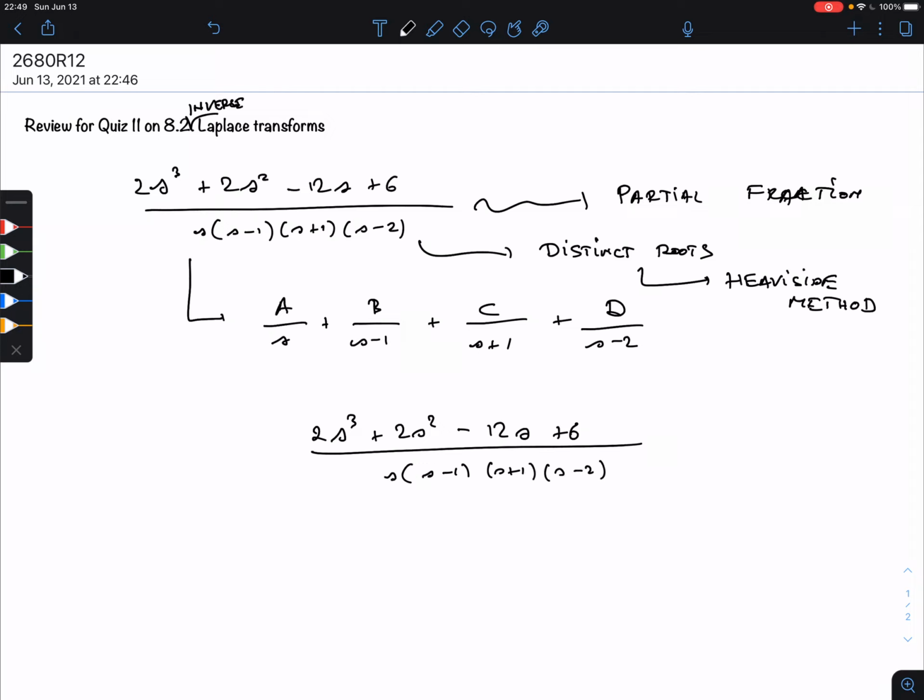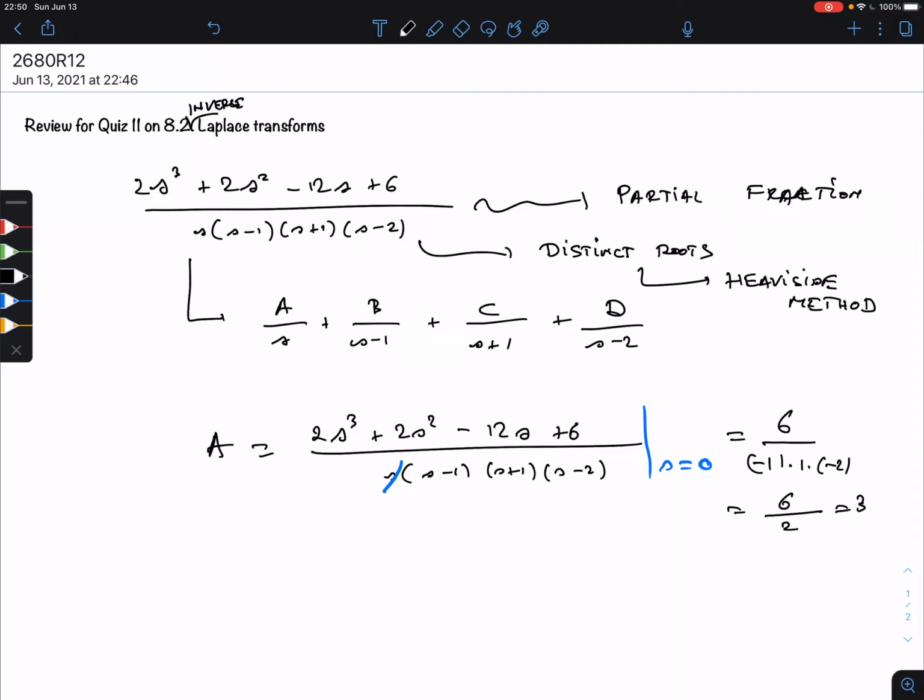And to calculate, say, A, let's start with A, what you do is you scratch out the factor in the denominator that comes to A, that is s, and then plug in s equals 0. And that gives me 6 over minus 1 times 1 times minus 2. So I get 6 divided by minus 2, that is 3. And that gives me A.